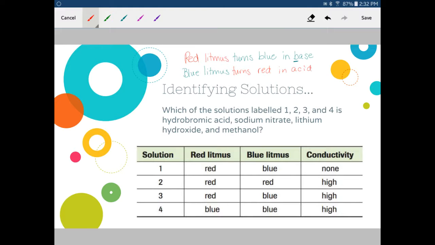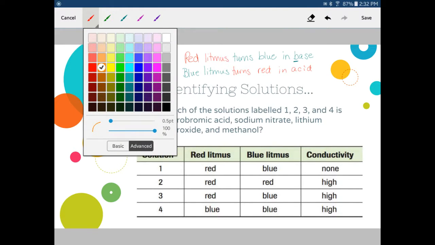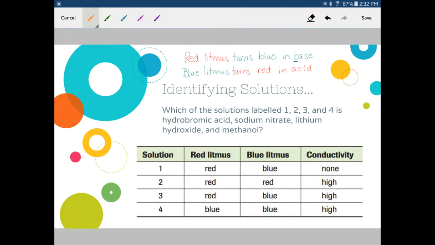So we remember that our litmus paper can be a diagnostic test to figure out if we have an acid or a base.